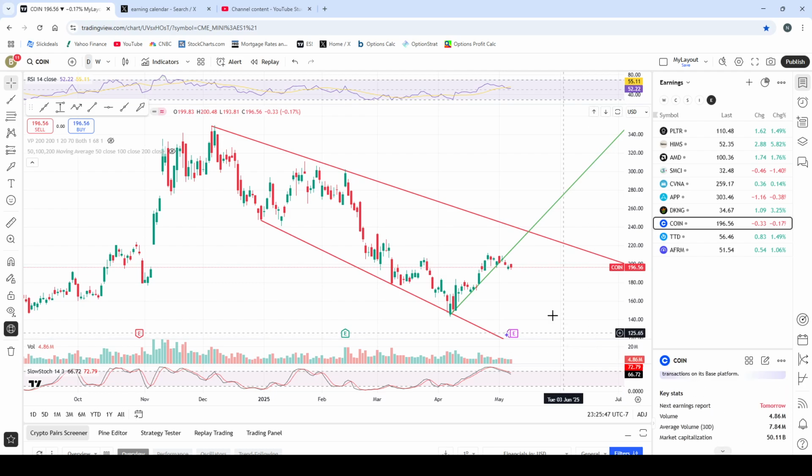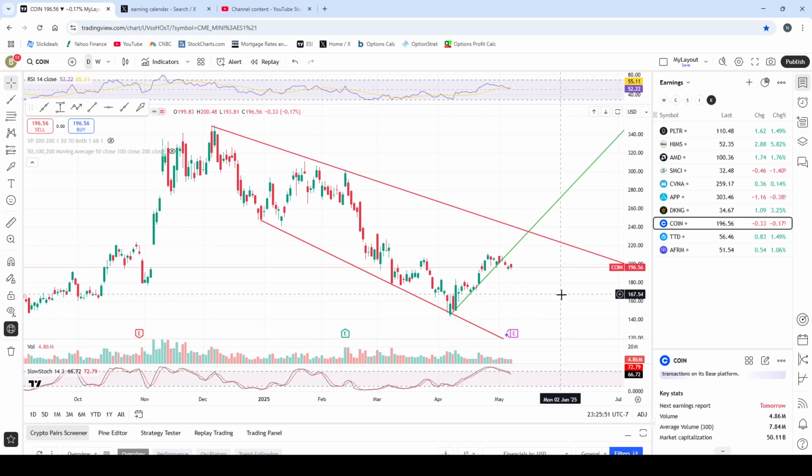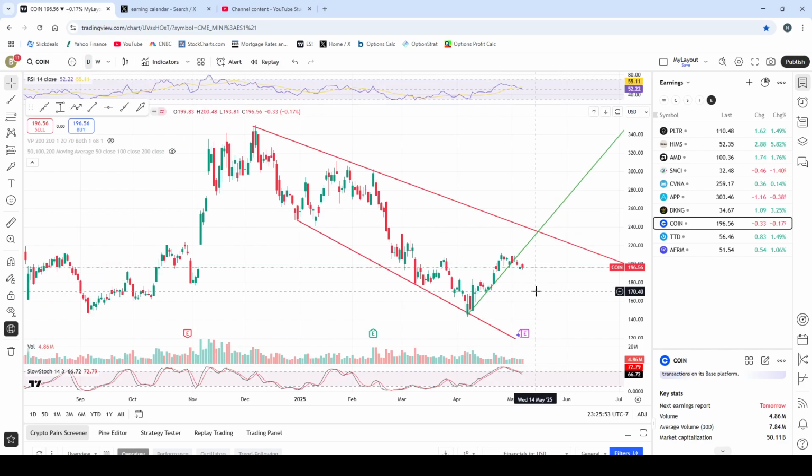So tomorrow the earnings are after close. I'm thinking if we get a good earnings report, we will see it come up here. You can see the green and the red lines cross around this area, and it kind of coincides with this high.